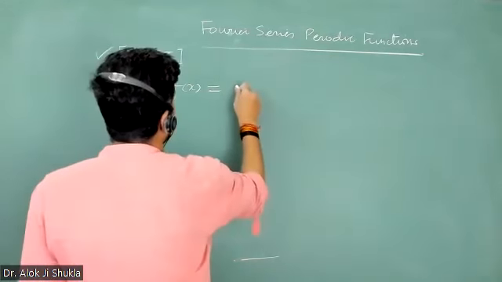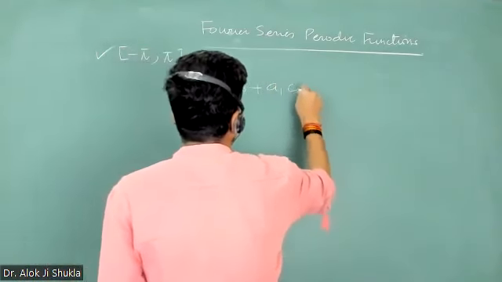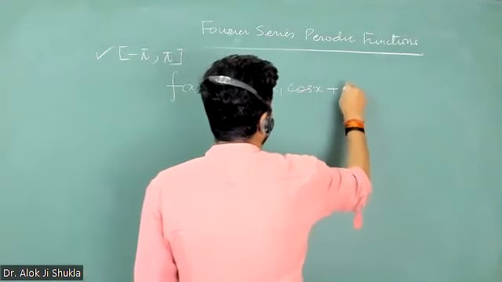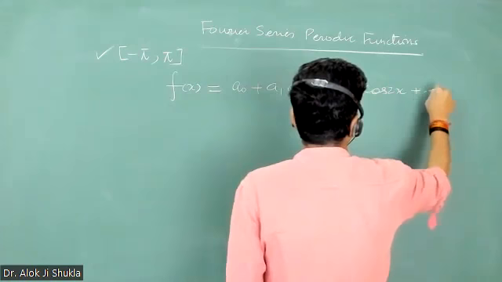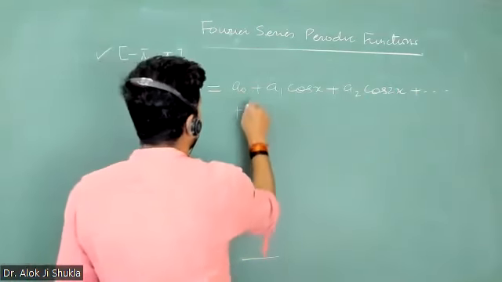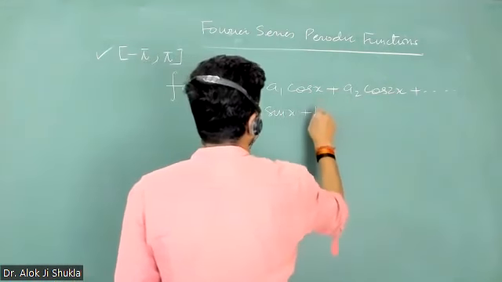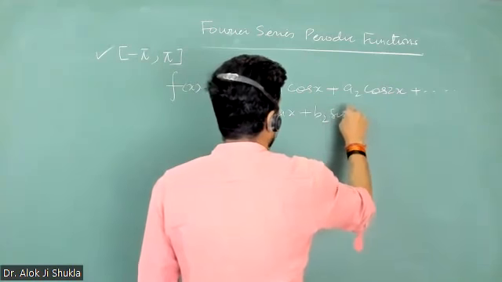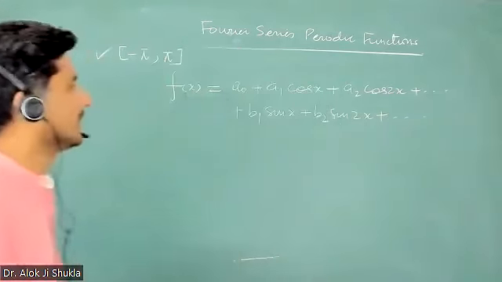So fx is equal to a naught plus a1 cos x plus a2 cos 2x plus dash dash dash plus b1 sin x plus b2 sin 2x plus dash dash dash. This is called Fourier series.